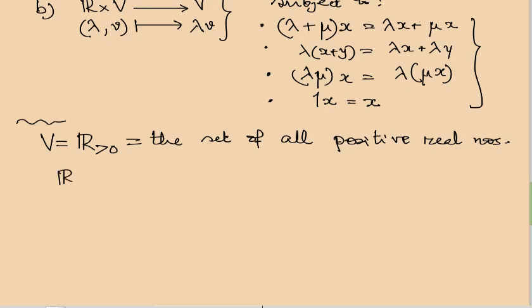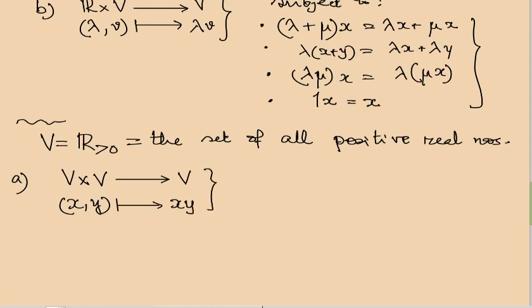So I take a pair of positive real numbers, and I take my binary operation to be the multiplication of x and y. The usual multiplication of x and y.